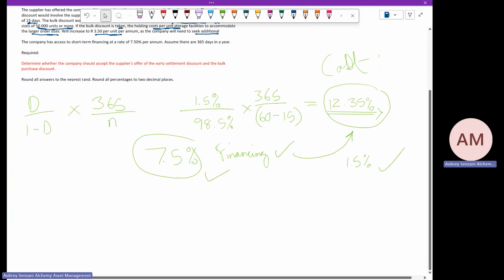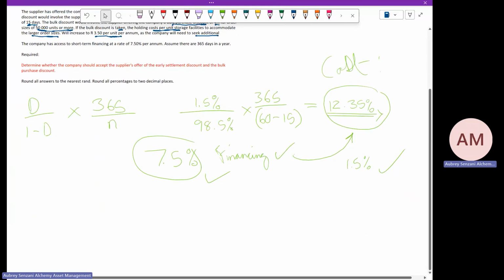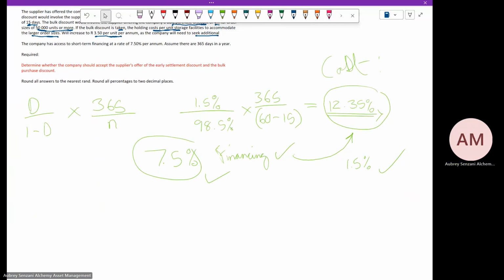Then the next part that they wanted us to determine is whether we will take this bulk purchase discount. Okay. And with a bulk purchase discount, we need to then obviously compare our current expenditure on our annual goods, with comparison to if we were to take this proposed deal.